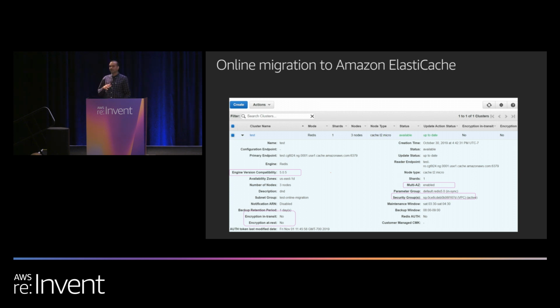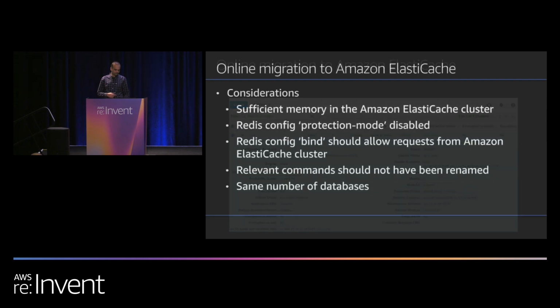So from the ElastiCache perspective, these are some of the things that you have to keep in mind: the engine version and the configuration of your cluster. These are some of the considerations that you need to have. These are per se not limitations with ElastiCache itself, but you just have to make sure you have sufficient memory in the destination ElastiCache cluster. This is sort of a no-brainer, but people may miss it.